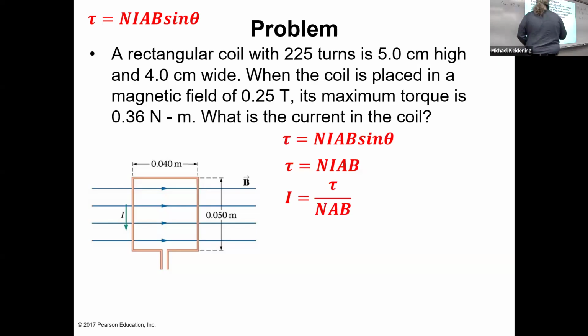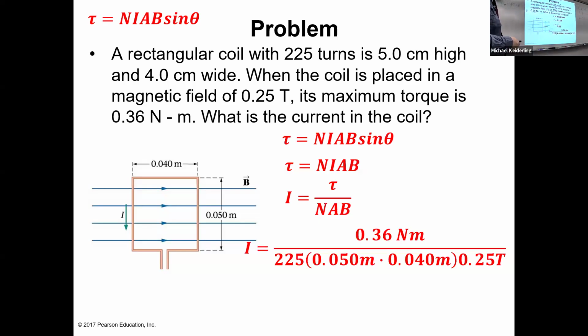Here's our magnetic field. So that's 0.36 Newton meters divided by 225 times 0.5 meters times 0.05 meters times 0.04 meters times 0.25 Tesla.